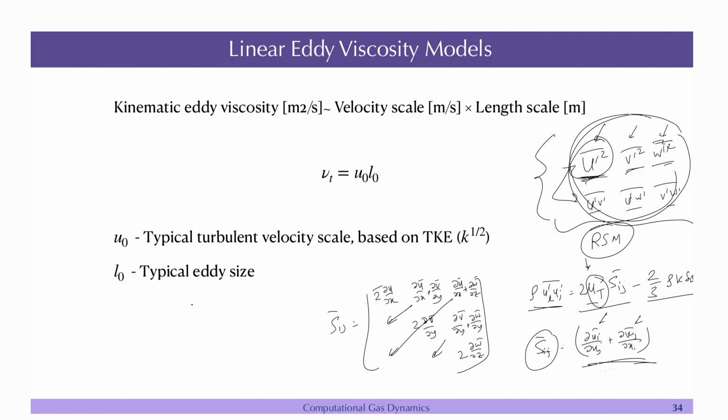So, if you want to make a one to one correlation, this is basically my minus rho times u prime bar square, u prime v prime bar, then u prime w prime bar, then v prime bar square, and then v prime w prime bar, and v prime u prime bar, and this is w prime square bar, and then you have w prime v prime bar and w prime u prime bar, right.